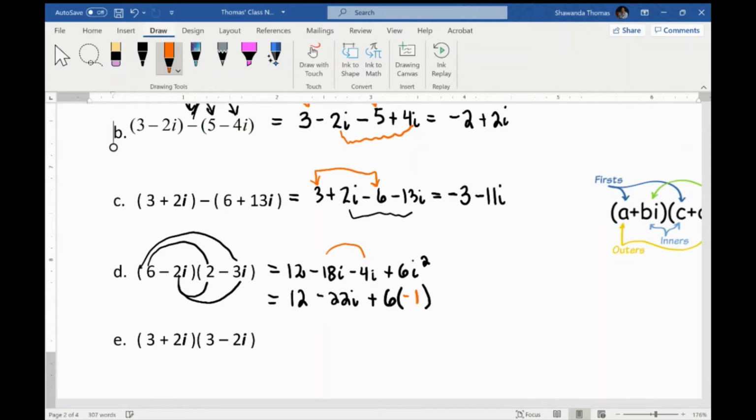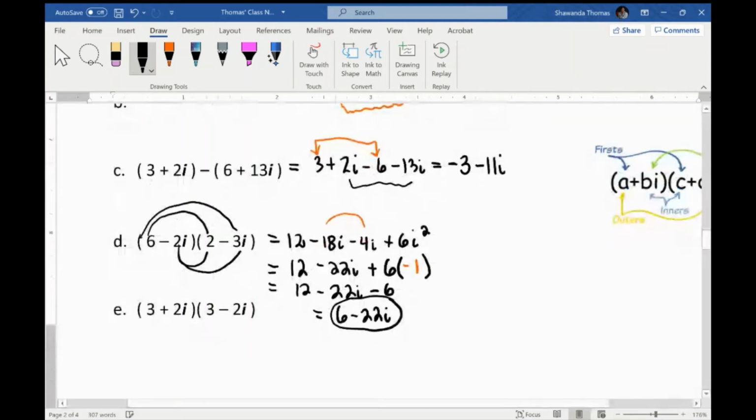Let me write it all out. So we have 12 minus 22i minus 6. We're not done because we can combine 12 minus 6. What is that? 6 minus 22i.